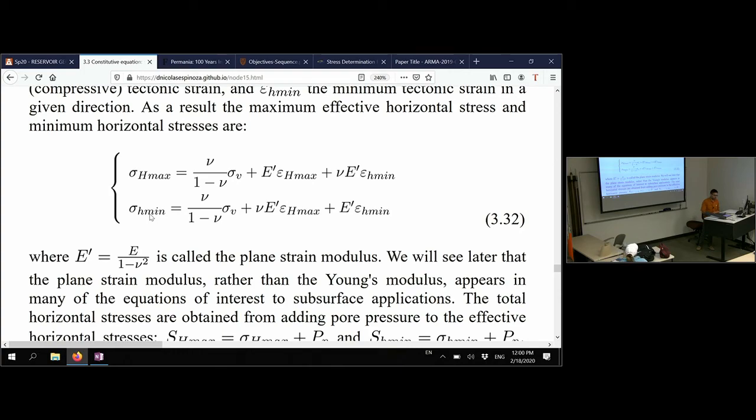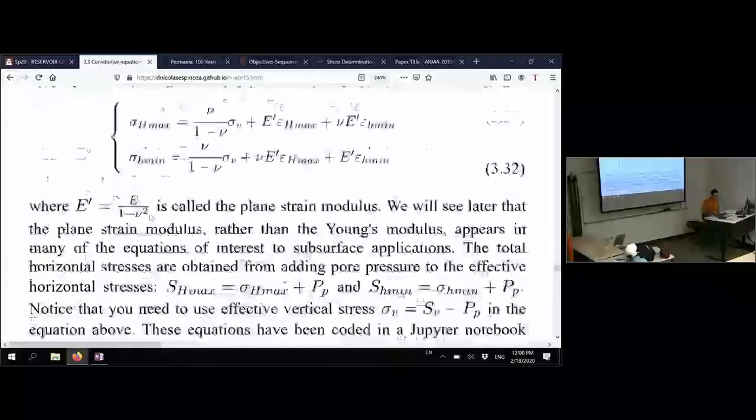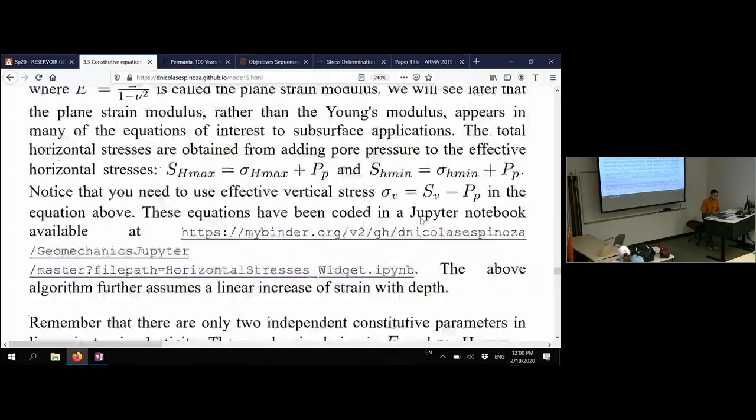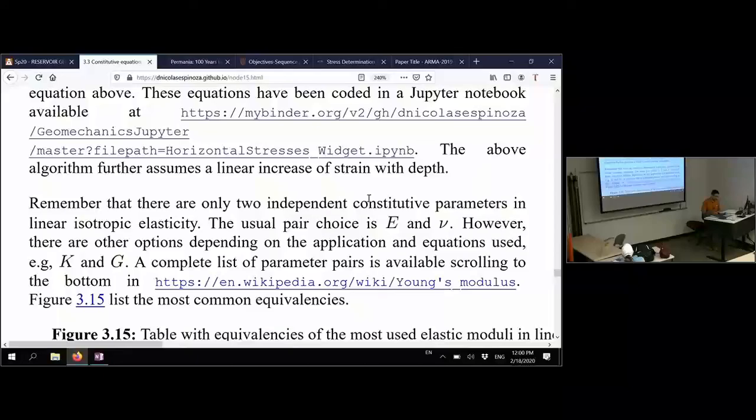All right, so you put all of these together and you can do the same thing that we did before. If you want to calculate maximum horizontal total stresses, you just add pore pressure and then you get those. And I think I already showed you this, but let me try to open it again.